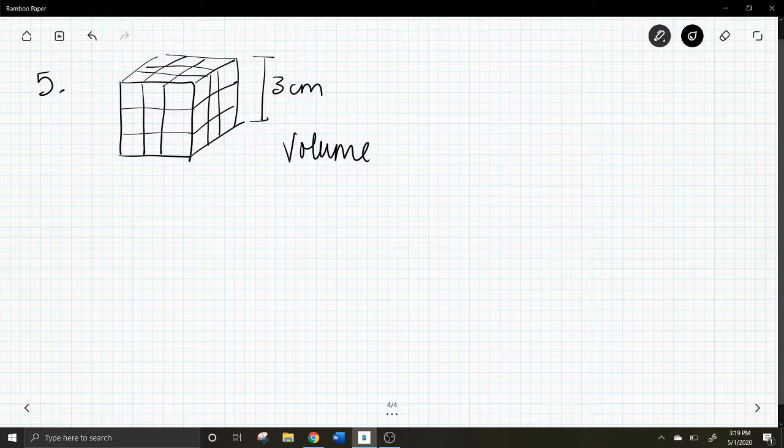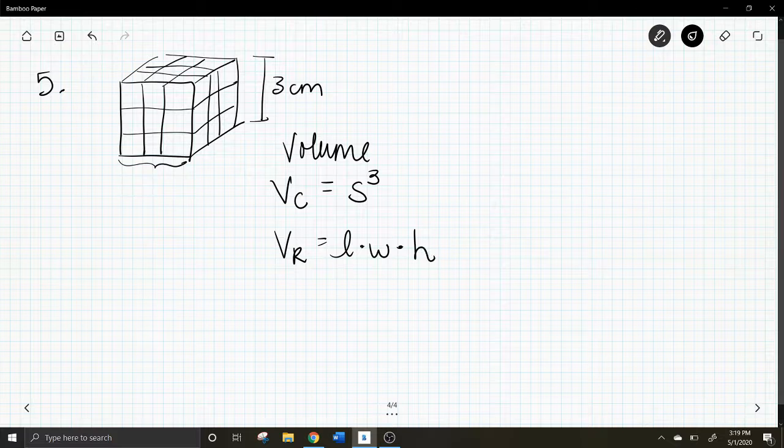So the volume of a cube, let me write it this way. The volume of a cube is the side cubed, so the length of one side cubed. The volume of a rectangular prism is going to be length times width times height. So you could really use either of these formulas when you're looking at a cube, because remember, that's just a 3-dimensional square.